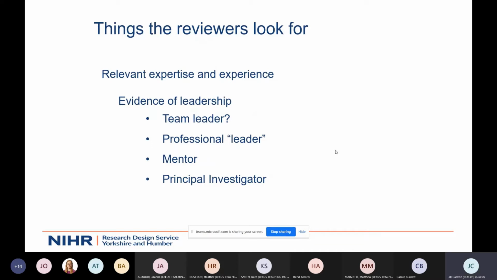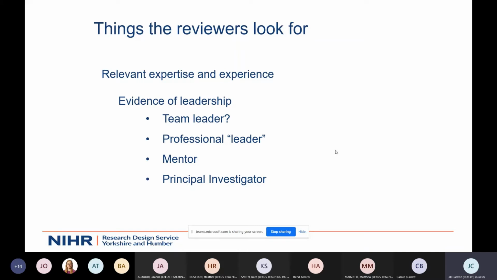You might also want to consider evidence of leadership. So this is where people are looking at you to be that future leader, and it might be that you have that within your professional role, that you might already be a team leader, you might be the manager of a team, you might already have a senior position within your department. It might be on a more informal level in terms of mentorship.